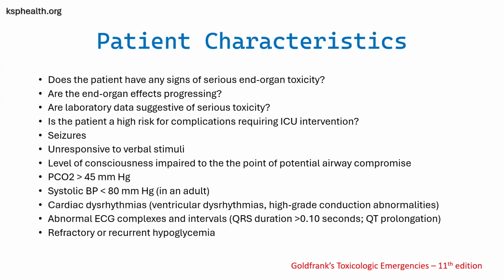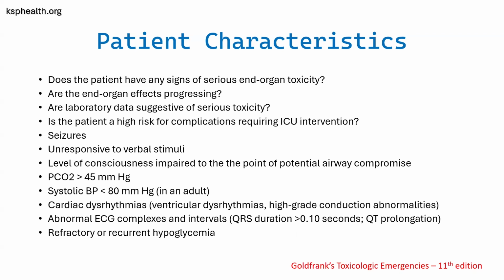Is the patient at high risk for complications requiring ICU intervention, like seizures, unresponsive to verbal stimuli, level of consciousness impaired to the point of potential airway compromise, PCO2 more than 45, systolic blood pressure less than 80, cardiac dysrhythmias, abnormal EKG complexes and intervals, especially QRS duration more than 0.1 and QT prolongation? That usually happens in TCA toxicity, tricyclic antidepressant.